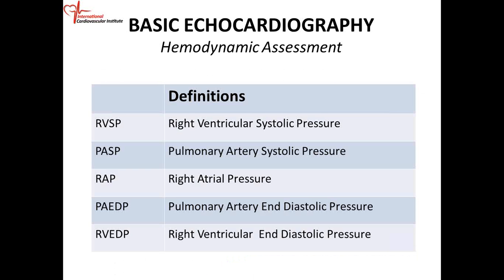Just getting a number is not adequate. You have to know the windows that you need to use, and then use the windows to get the situation where the ultrasound beam is as parallel to blood flow as possible.